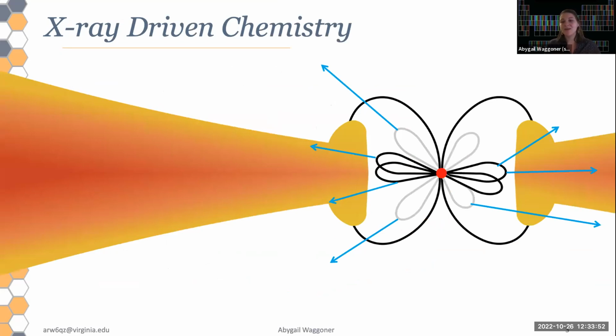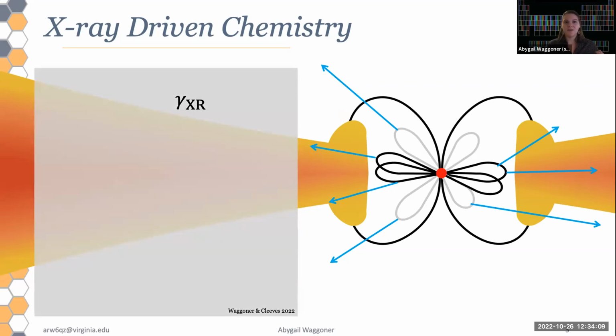So these young pre-main sequence stars, meaning they're not burning hydrogen yet, have large magnetic field loops on their surface, and trapped within those field loops are hot ionized gases that emit X-ray photons. Those emitted X-ray photons are able to penetrate the disk, and in doing so, they can ionize gas phase molecules such as helium and hydrogen.